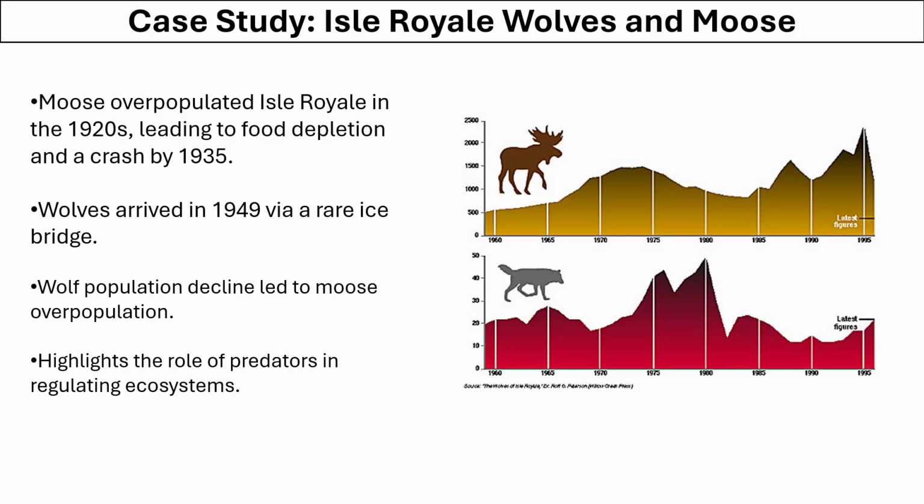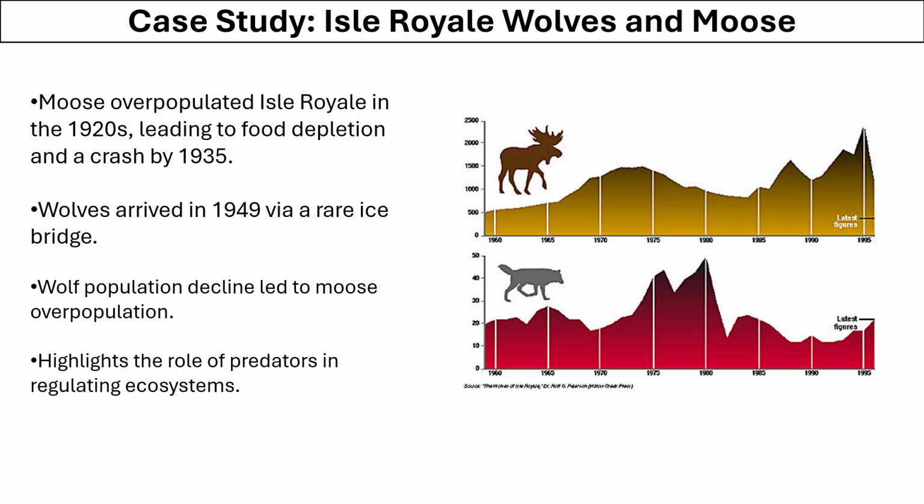Since these wolves were completely inbred, they did not have the capability of developing survival strategies. So they were highly dependent on the moose population. That's why they could not find any other sources of food, leading ultimately to the decline in the wolf population.